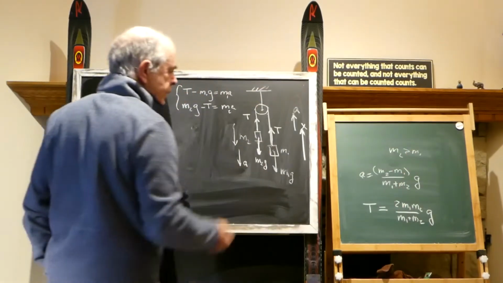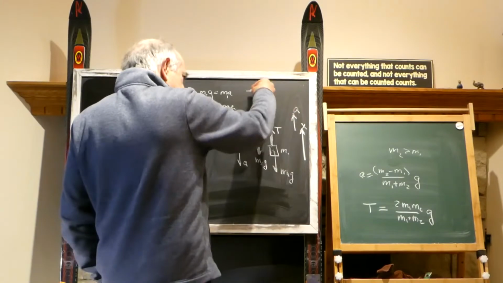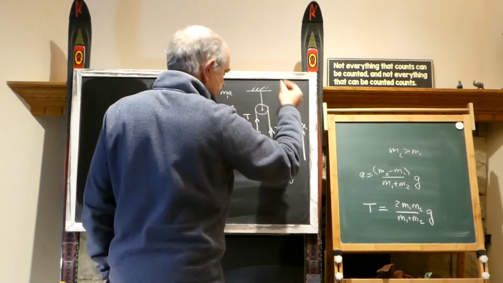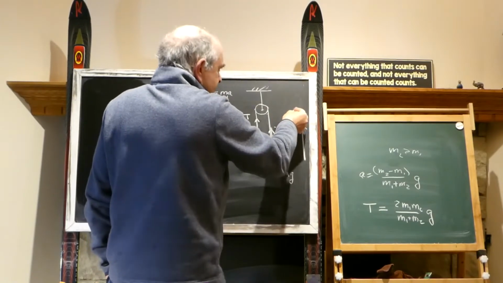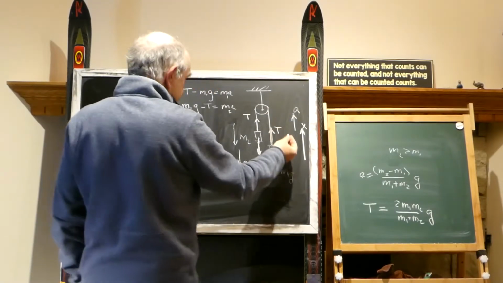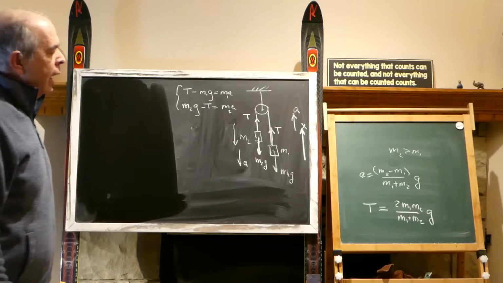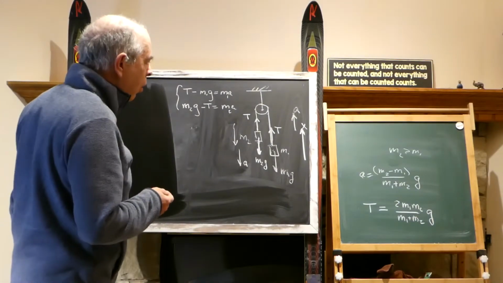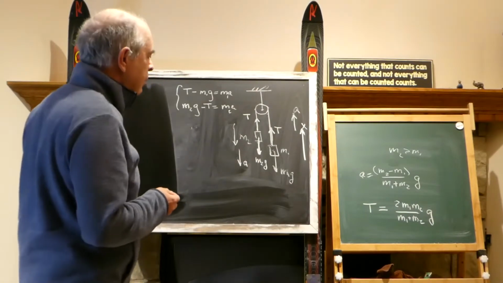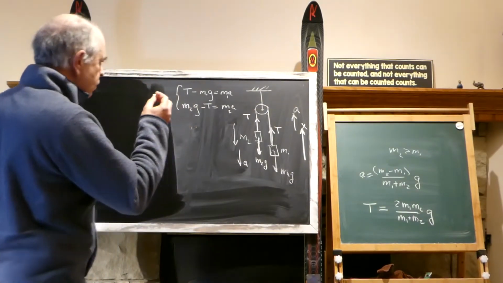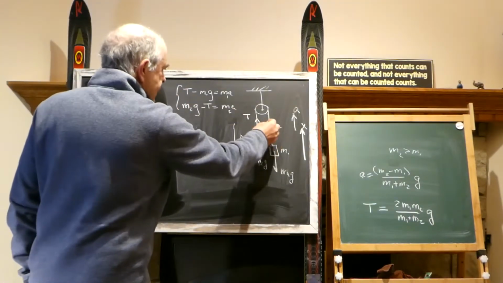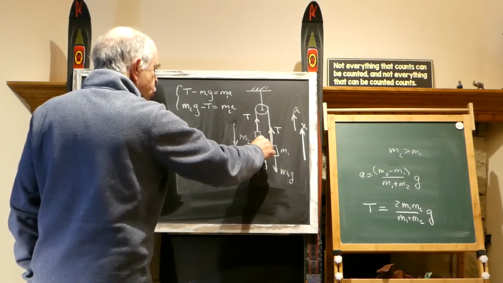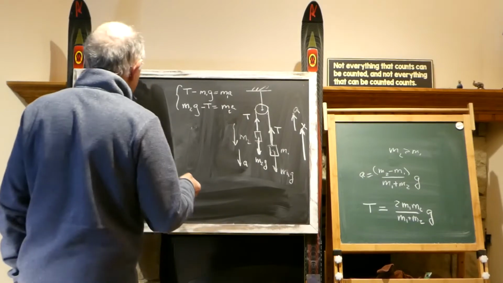So I will be dealing with positive numbers, and everything is going exactly as I suggested, exactly as we guessed in the beginning, that A is directed that way. And so what we have here is that T is a little bit bigger than M1G, but M2G is a little bigger than T.